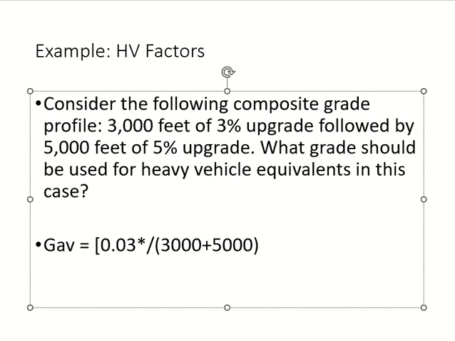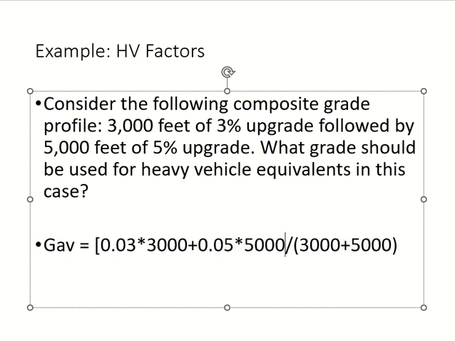Gradient into distance, 3% by 3000. Same thing with the other one. So total height upon total distance. How much now?